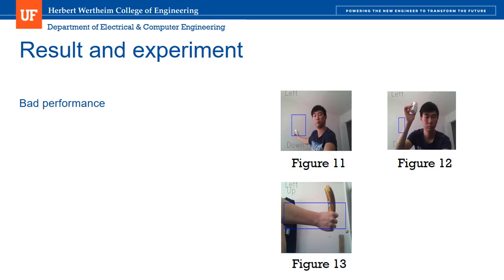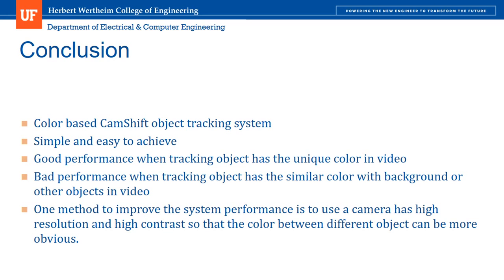In figure 13, I tracked the stain on the banana, but when my arm went into the video, the system tracked both the stain and my arm. This bad performance comes because the tracked object shares a similar color with the background or other objects in the video.